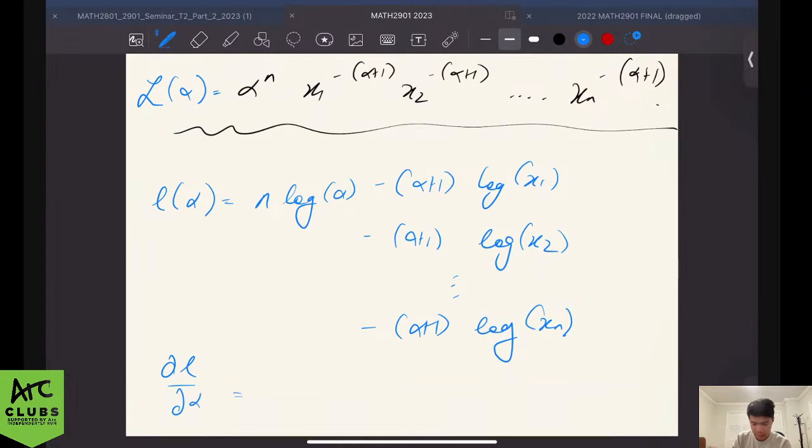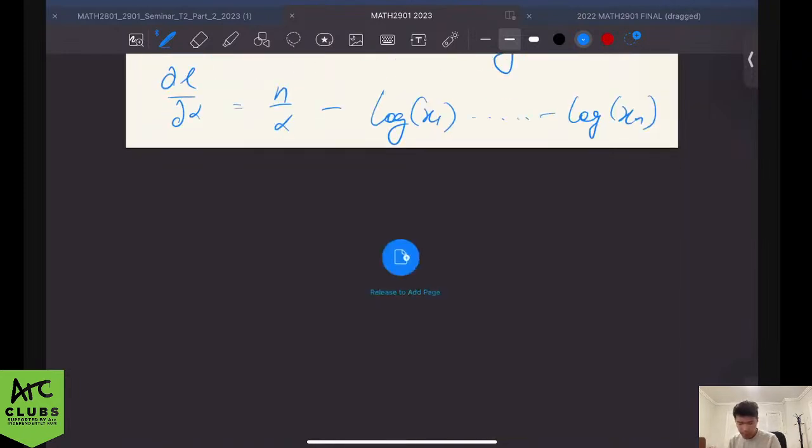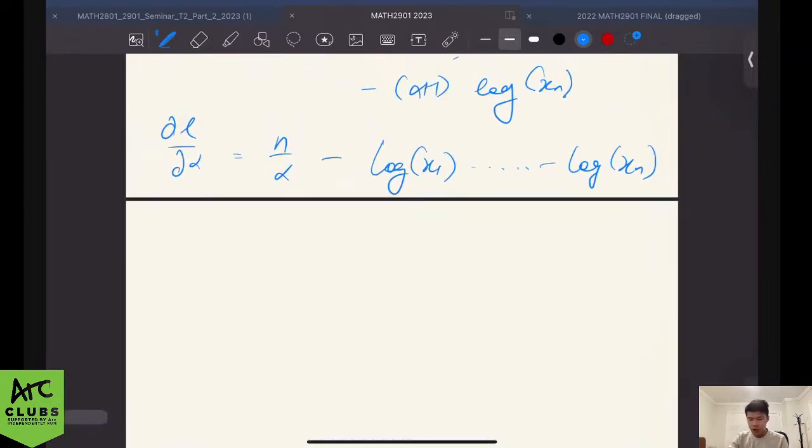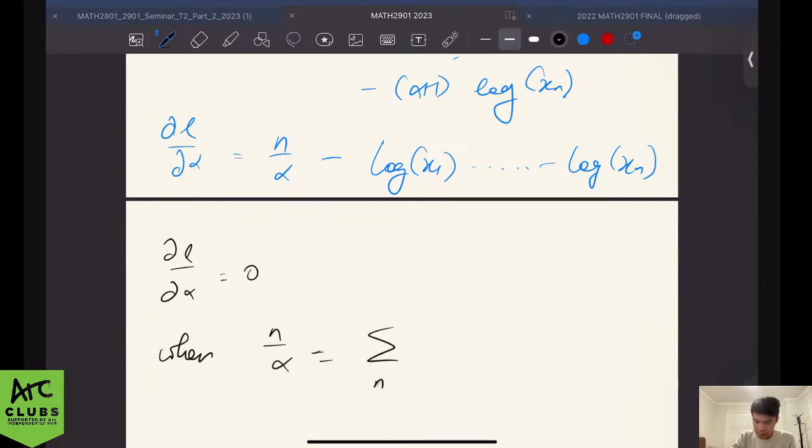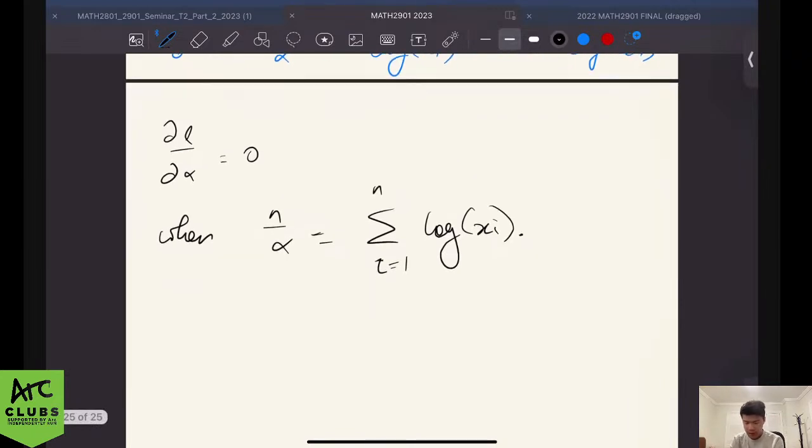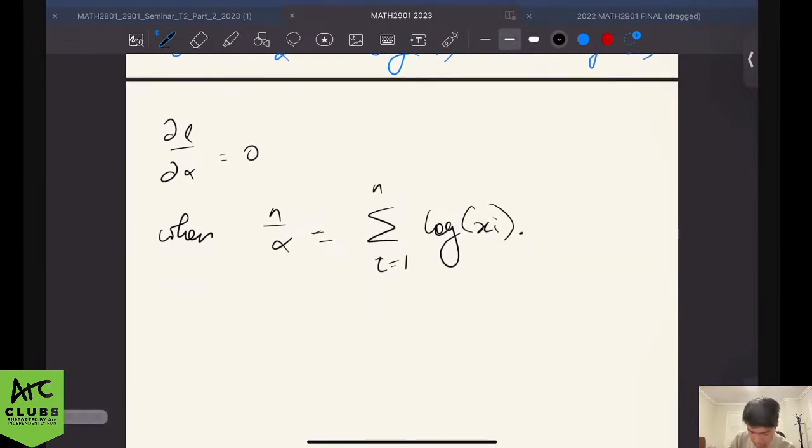You've got n on alpha minus, all of these turn into just log. So what are you trying to do? You're trying to make this all equal to 0. So this is equal to 0 when n on alpha is equal to the sum. And so you can imagine that you can just solve for alpha.